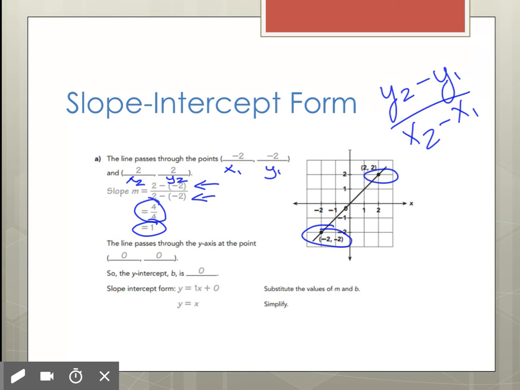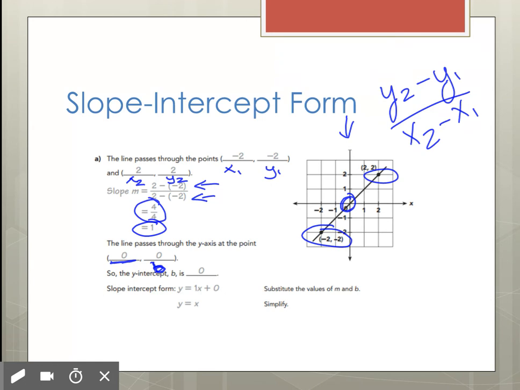So now we're going to look on our graph for the point where our line crosses that y-axis. So again, this is the y-axis, the vertical one. Our line crosses it right here at 0, 0. Our x would always be 0 for our y-intercept, and whatever the point for y is our b. So the y-intercept b is 0.